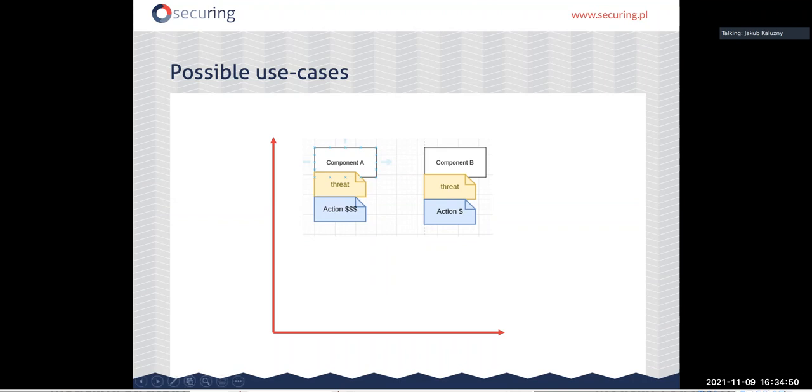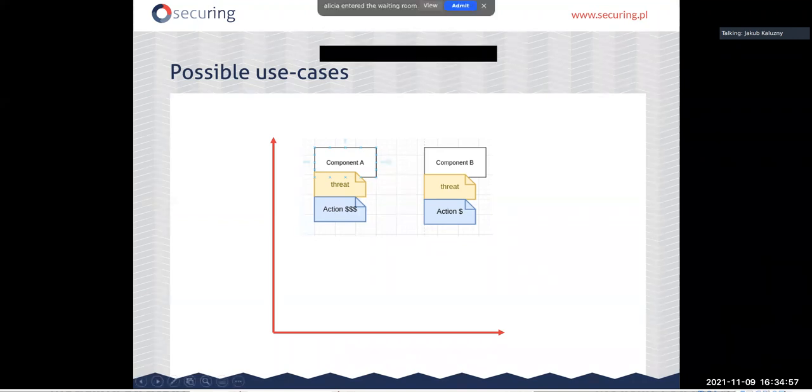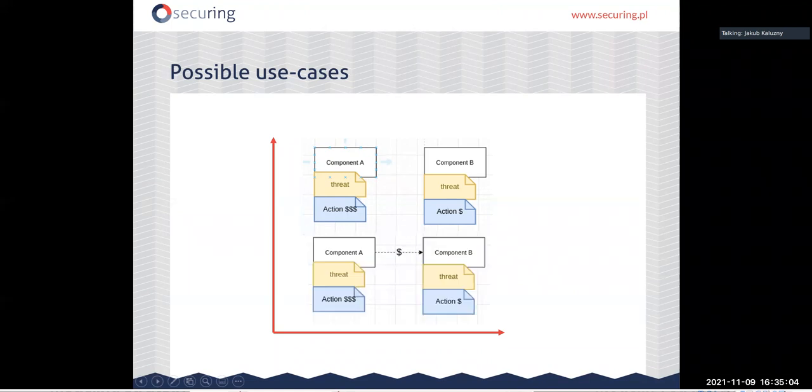While if you use component B that is more, let's say, in the cloud, doing the very same actions is cheaper, right? The thing is that sometimes for existing architecture, for existing systems, it takes some effort and money to actually move from component A to component B that is more to the right. So in this case, you could have a discussion on the cost effectiveness of this change.